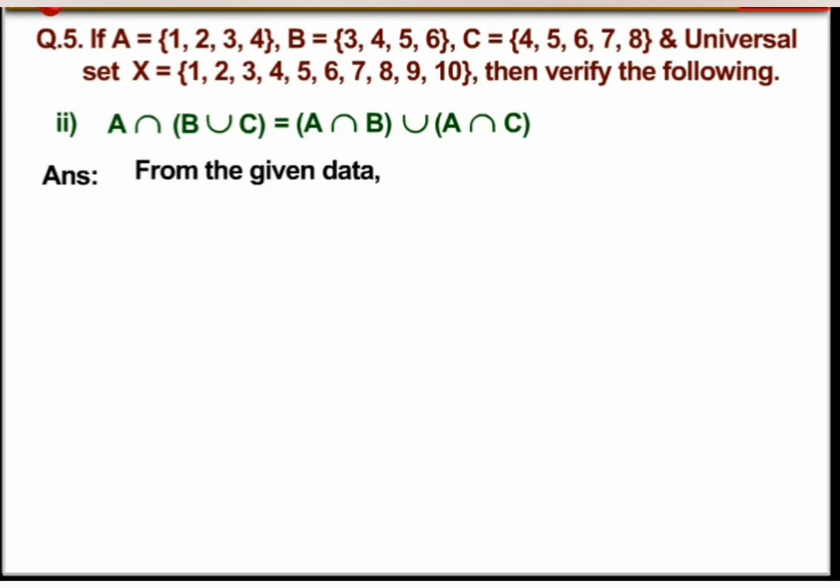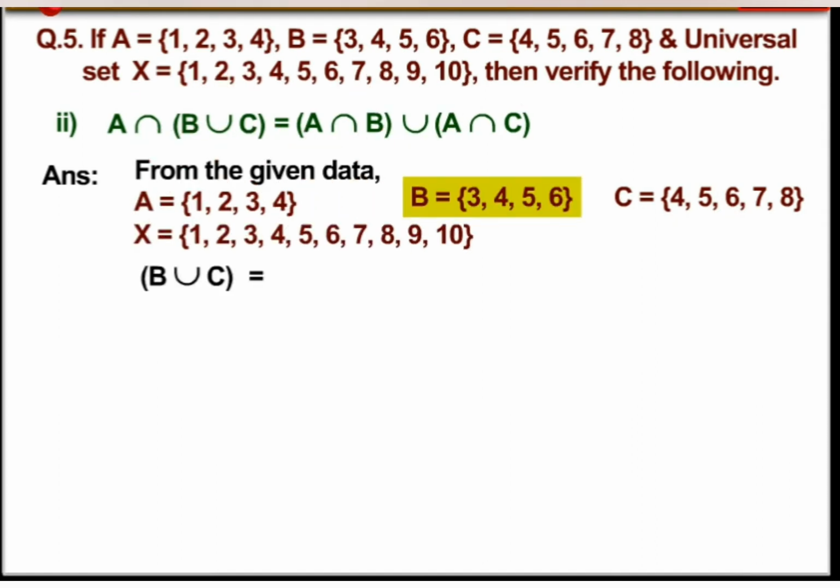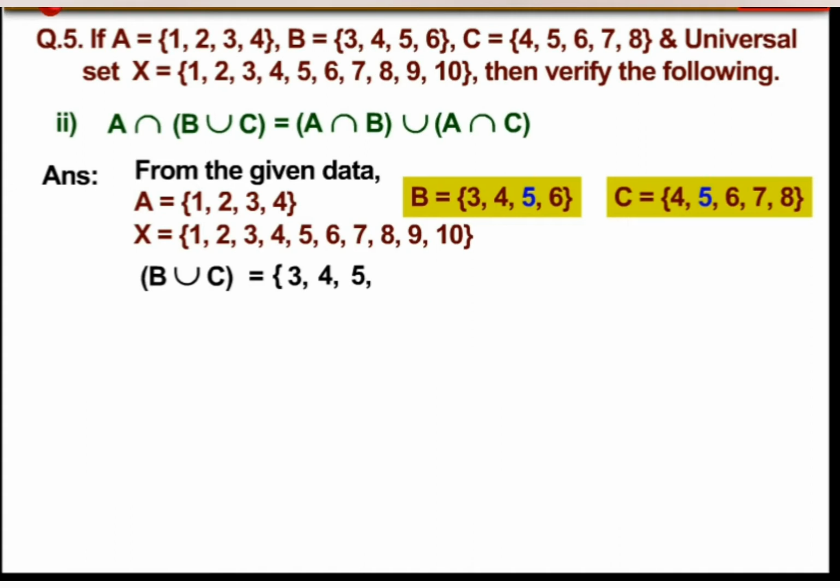From the given data, B ∪ C is equal to {3, 4, 5, 6, 7, 8}.